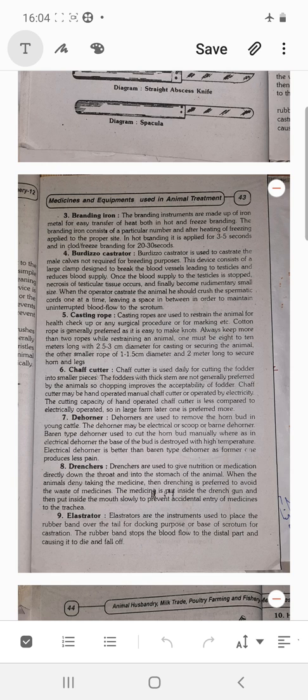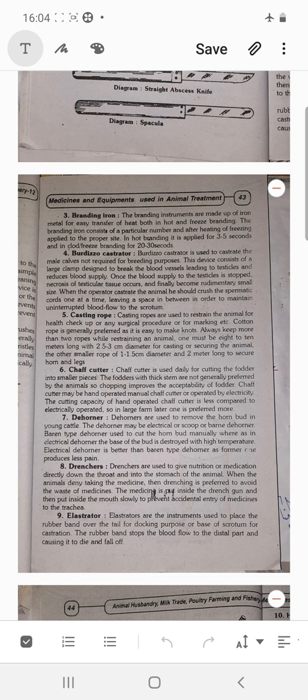The branding iron consists of a particular number, which after heating or freezing is applied to the proper site. In hot branding, it is applied for 3-5 seconds, and in cold or freeze branding for 20 to 30 seconds.